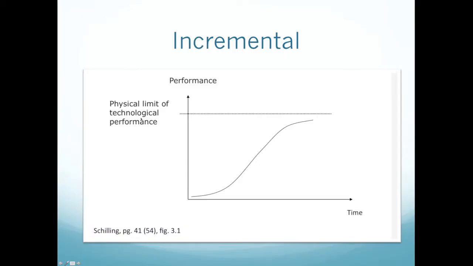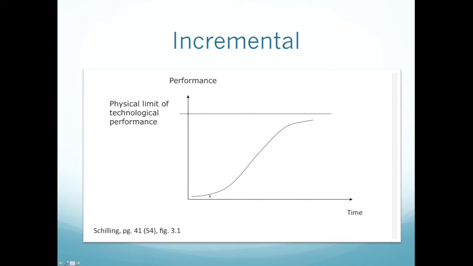And if we look at this graph, in this graph you see incremental innovation. This is basically that we have some kind of innovation here, something new, perhaps a product, and in time incremental changes are made to this product. It becomes better and better, and the performance that you see here becomes higher and higher as time goes by.